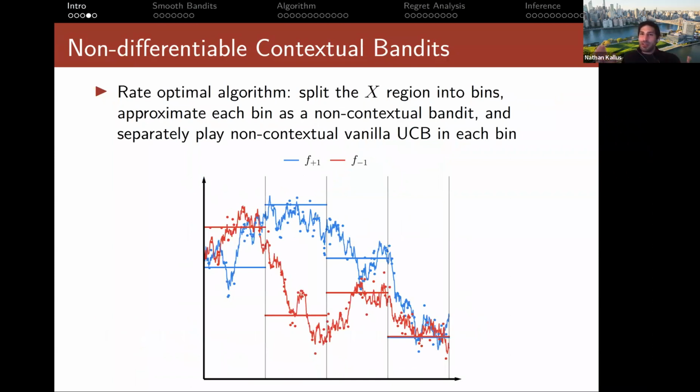You take your x space and you split it up into bins. And then you approximate the conditional expectation functions as constant within each bin, so that the problem reduces to just playing a separate non-contextual bandit algorithm in each one.